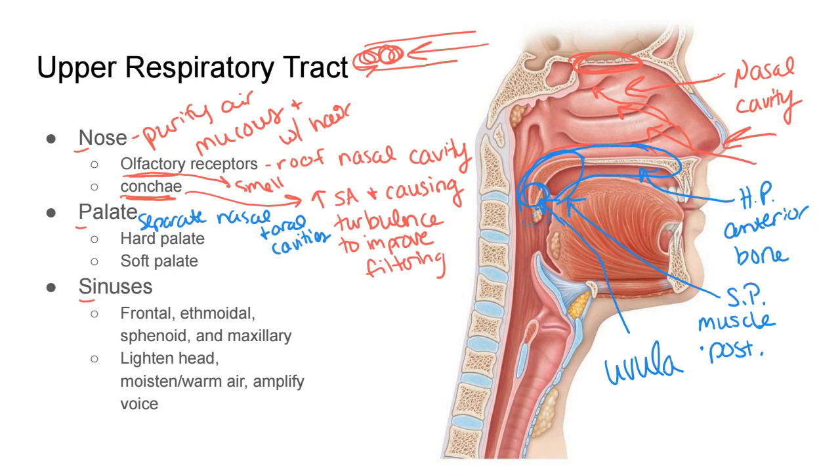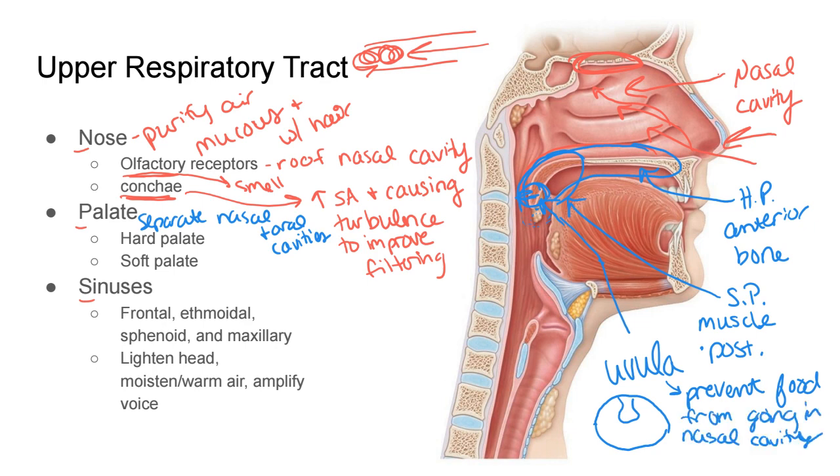That's the uvula hanging down in the back when somebody says, "Ah." The uvula is going to help prevent food from going up into the nasal cavity. So when you swallow, the uvula is going to lift up. It'll kind of swing up and close off that nasal cavity there.